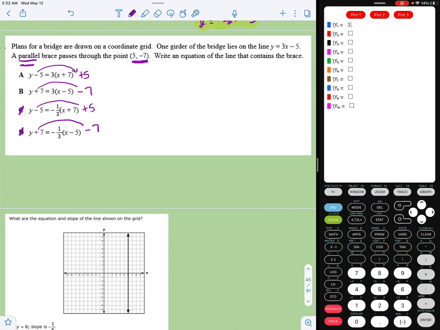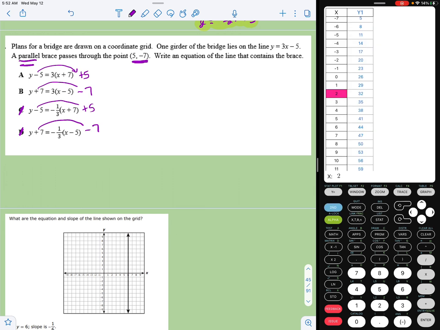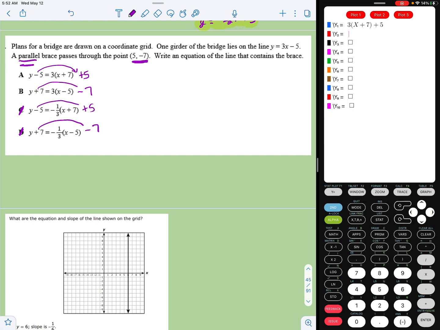All right, so that's 3 times x plus 7. Close parentheses, plus 5, right? And we're going to go to second table. Or even we can go ahead and plug in B as well, actually. So this will be 3, open parentheses, x minus 5, close the parentheses, minus 7.